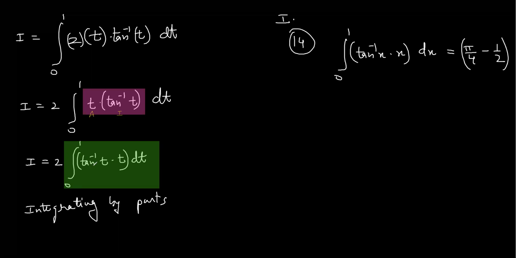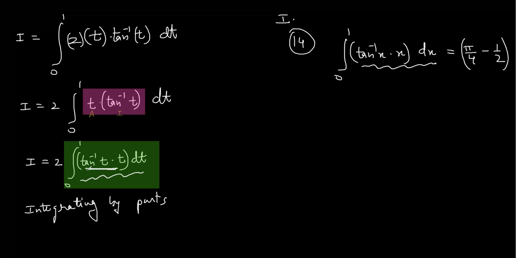Now here we have 0 to 1 tan inverse of t into t dt. The only change you notice here is that the variable is changed. Here everything is in t and there you have x. But the interval is the same and the function is the same: tan inverse t into t dt, tan inverse x into x dx.